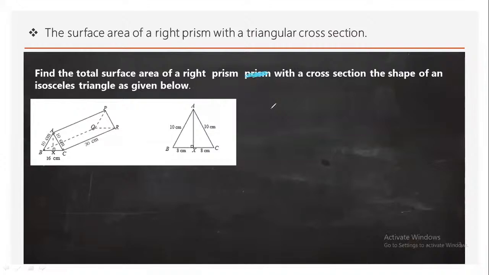First you have to find the cross section area. There are 2 cross sections and the 3 rectangular parts, so the surface consists of these parts.